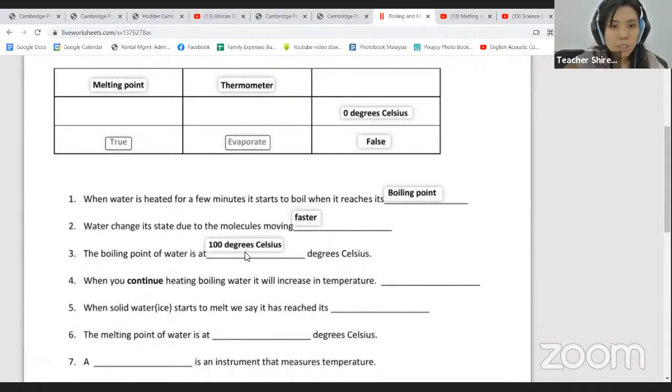When you continue heating boiling water, it will increase in temperature. True or false? Jensen, true or false? Well, the boiling point is 100, right? If you keep on continuing, will it be more than 100 or just the same?